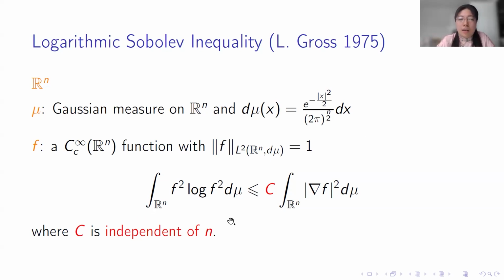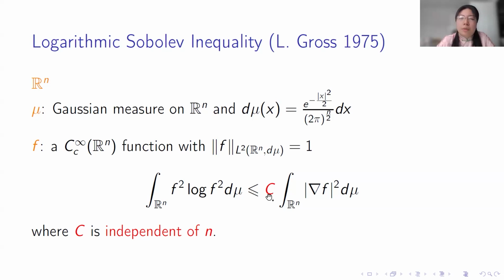And on Rn, the only change you have to make in the Markov semigroup version of this functional inequality is that the constant is the capital C in our version times the time t. So here the constant will be linear in the time t.